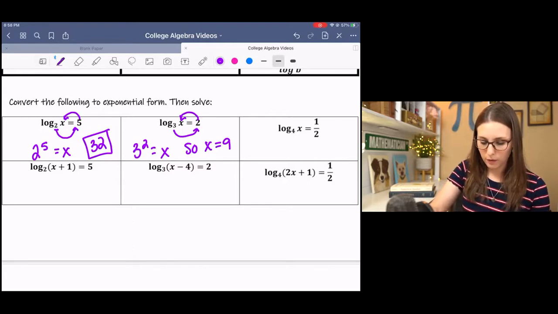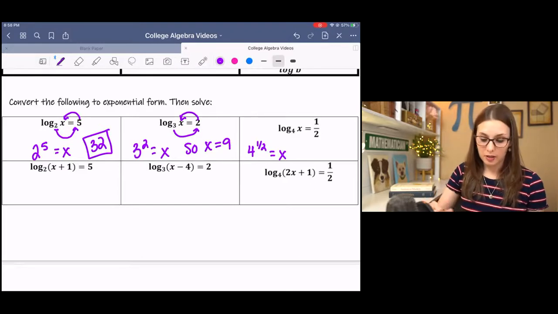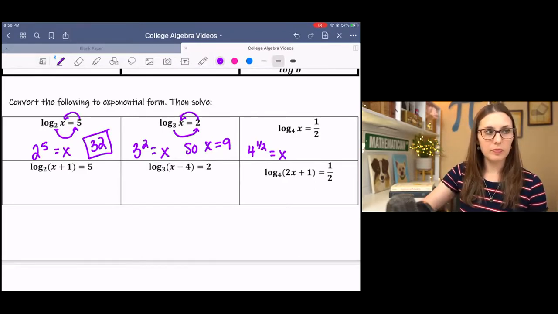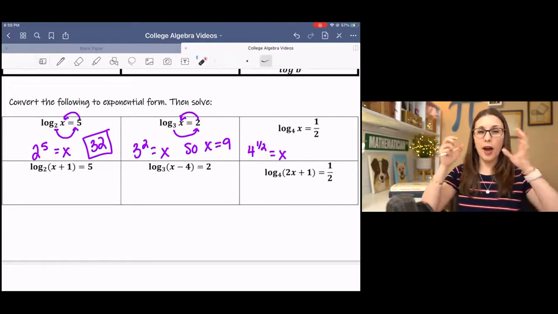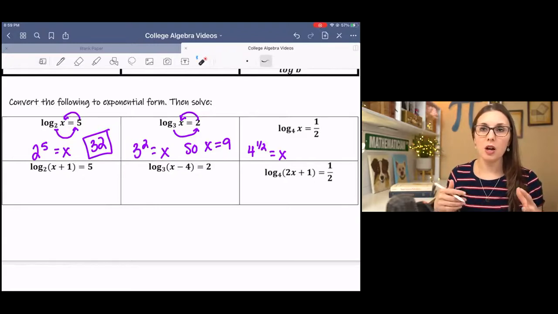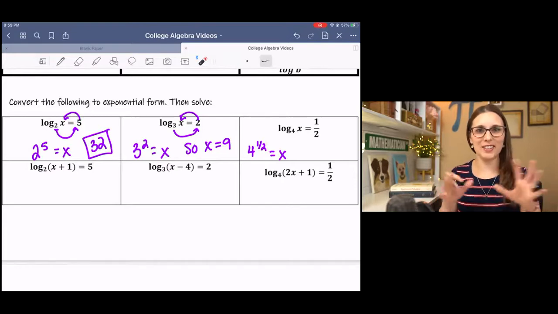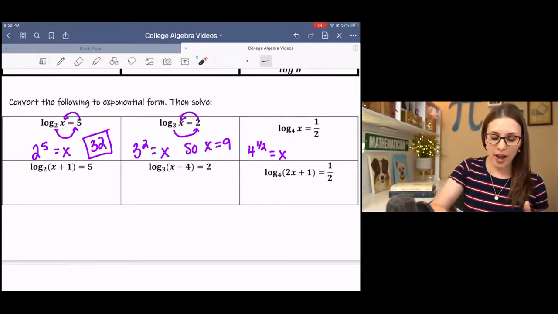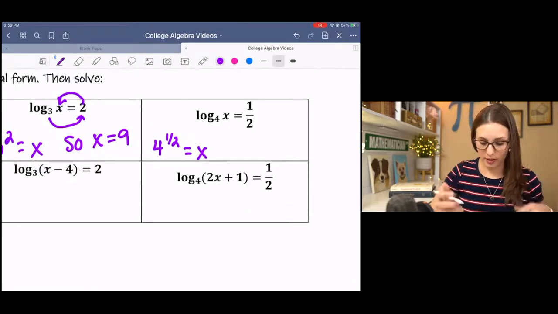You should get 4 to the 1/2 is x. Remember that a fraction exponent, if we go way back to radical expressions, rational exponents and radicals, those are the same. 4 to the 1/2, long story short, I could go into that in a whole lesson of itself.